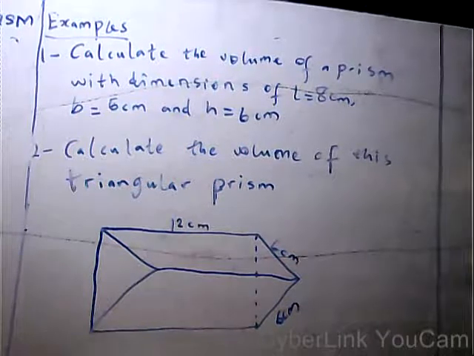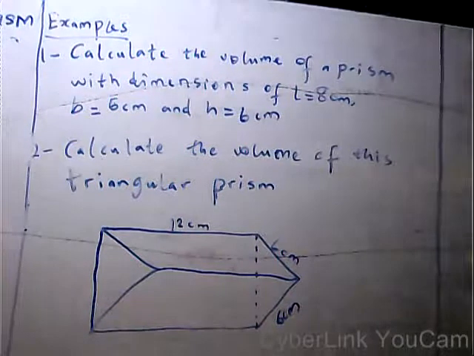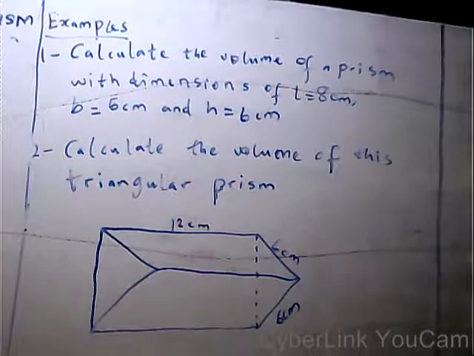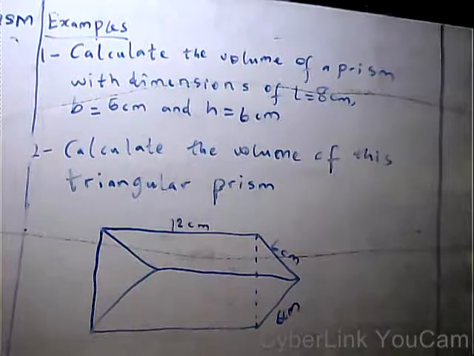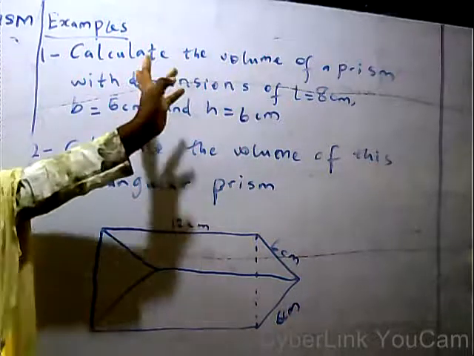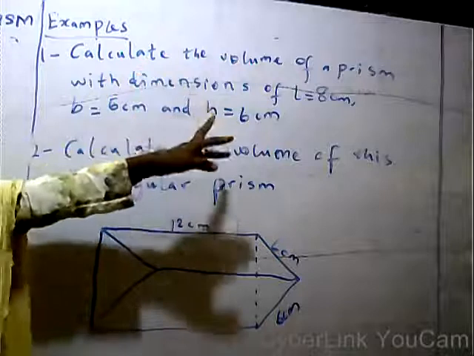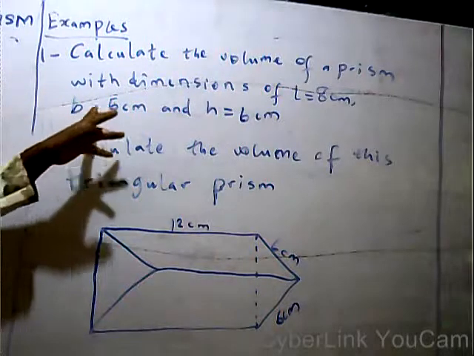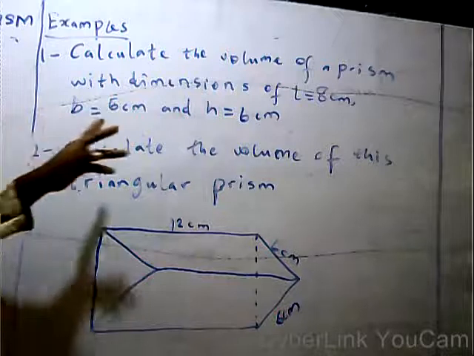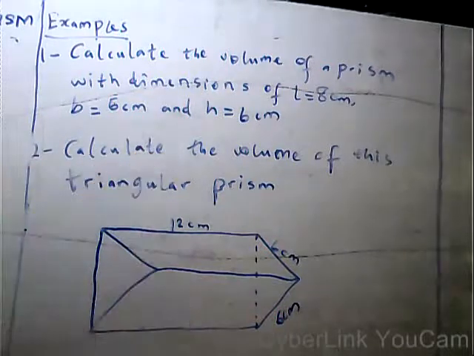When we started cuboid, I told you it has 3 dimensions: length times breadth times height, and that's what they also repeated here. Calculate the volume of a prism with dimensions of L equal to 8 cm, breadth equal to 5 cm, and height equal to 6 cm.